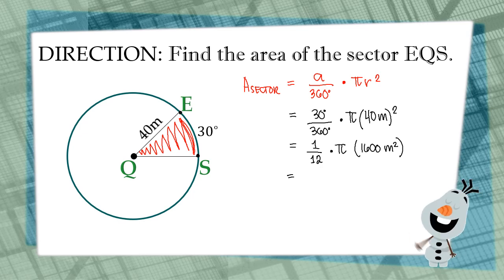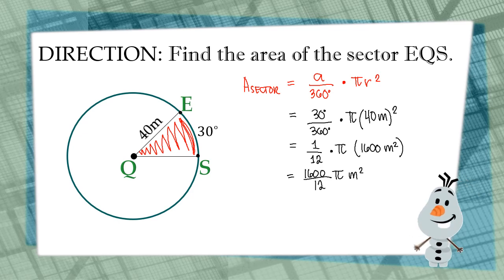Next, let us multiply this 1 over 12 by 1,600 meters squared, and then proceed with multiplying it with our pi. Let's start by multiplying 1 over 12 with 1,600, so we can have 1,600 over 12. I'm just going to copy first the pi and then meters squared.